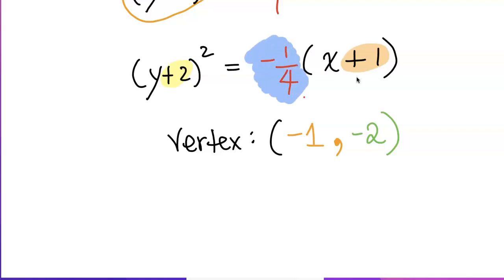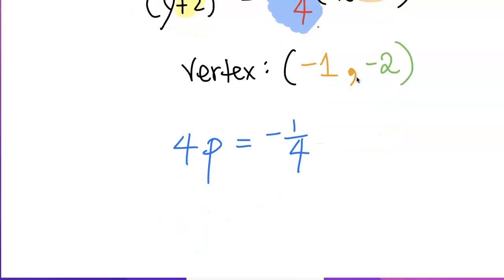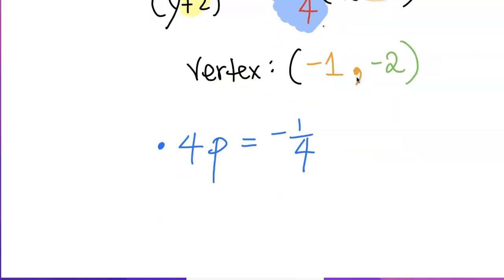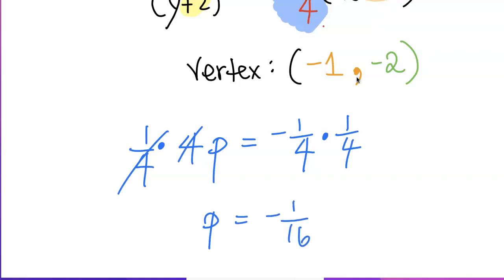So what I want you to do is set that equal to 4p. 4p is equal to negative 1 over 4. So if you want to have p by itself, divide both sides by 4 or multiply both sides by 1/4 to cancel out multiplying by 4. So what is p? P is negative 1 over 16.